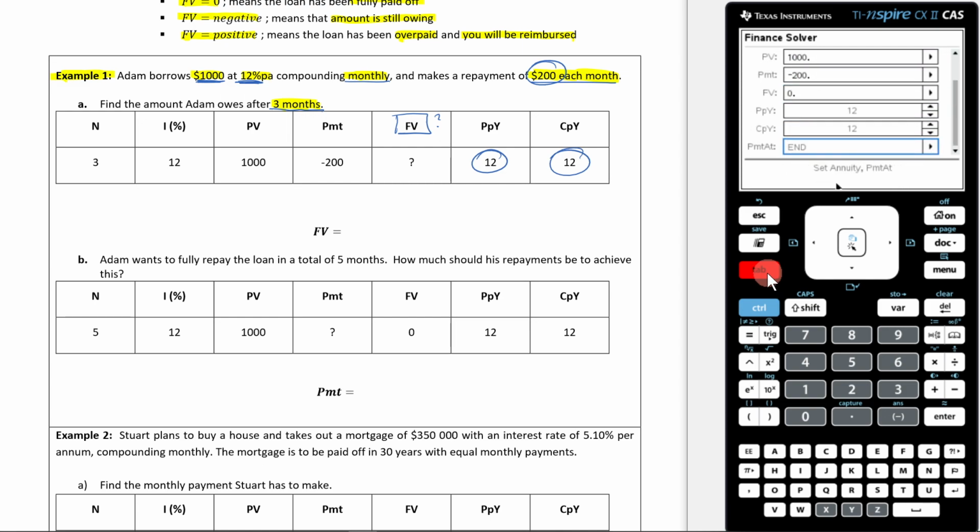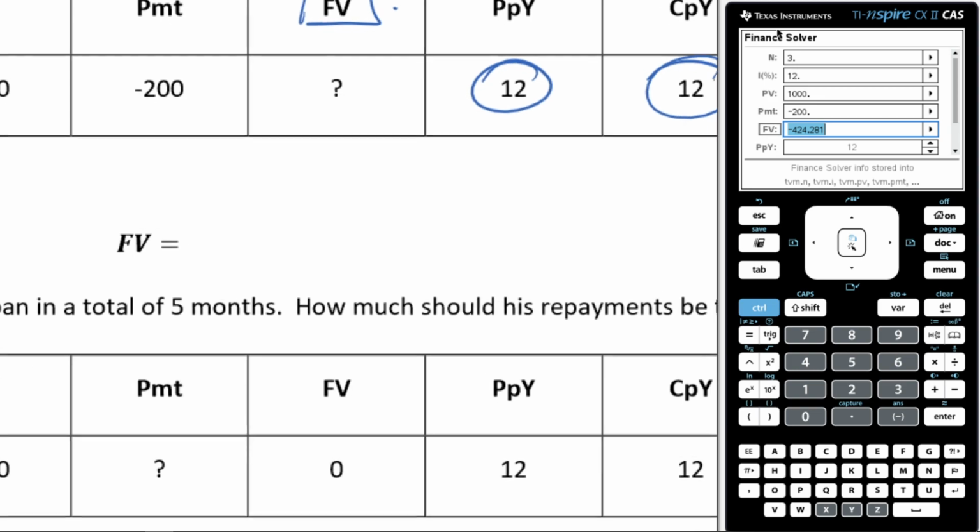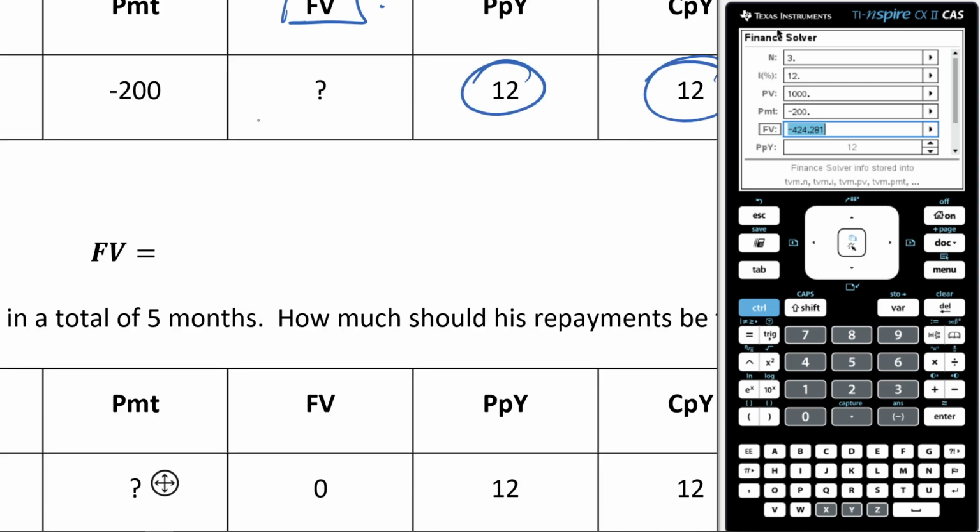It's great. Okay, we're trying to find my future value. That's the thing we have left blank here. So what I'm going to do is navigate around, tab, tab, tab, and put my cursor on FV, what I'm trying to solve, and then I hit enter, bang. And this now is going to give me my answer. Now, it's really important that when you're doing these things, you write it unrounded first. So I always like to write it unrounded first, negative 424.281.